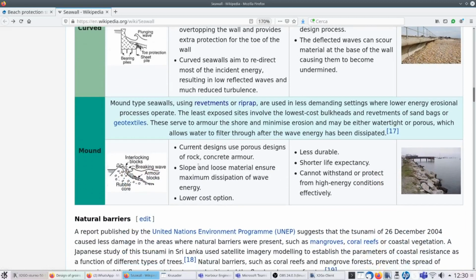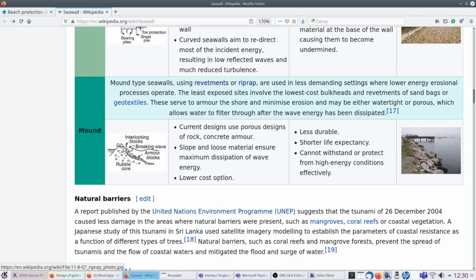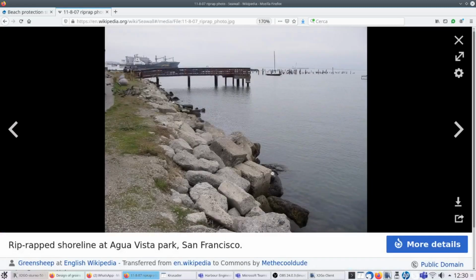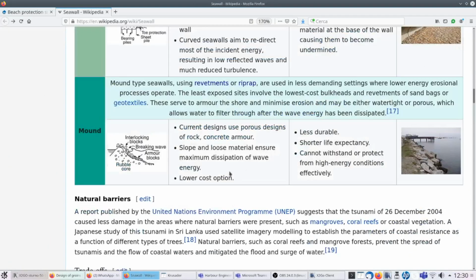And then there are seawalls made by mounds, and here it's an example of what we mean by mounds. It's not vertical, but it's like a seawall if the mounds are displaced in this way. The shape is close to vertical, and they have advantages and disadvantages, and they are porous, and therefore they help to dissipate the energy of the waves.